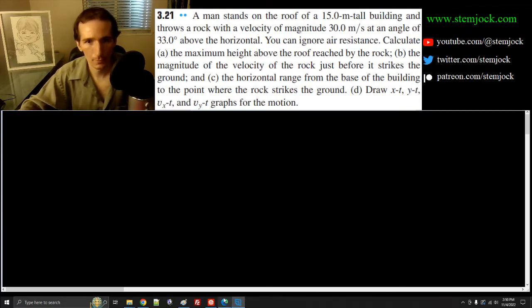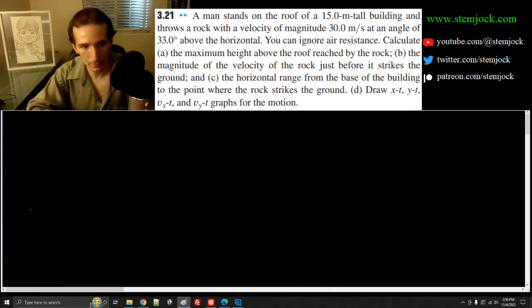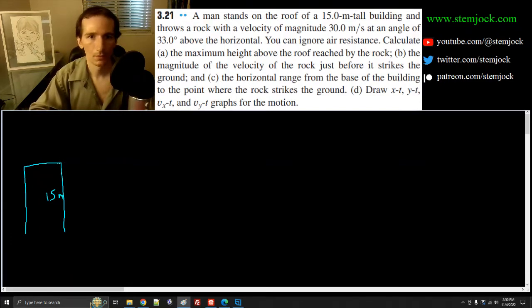So I'm going to draw a picture to visualize this. So we have a building here, a building here that's 15 meters high. And so it's unfortunate that I think the problem here is poorly worded.